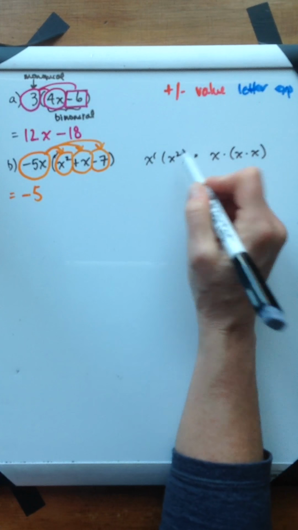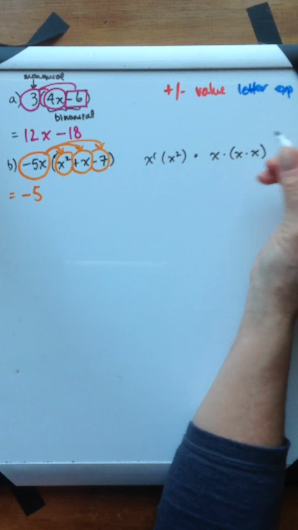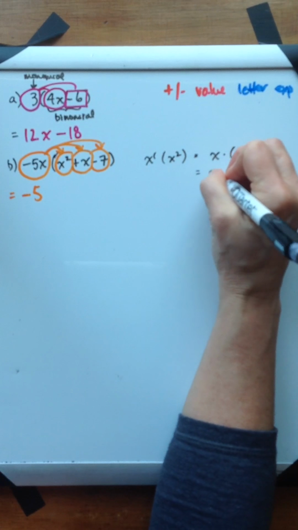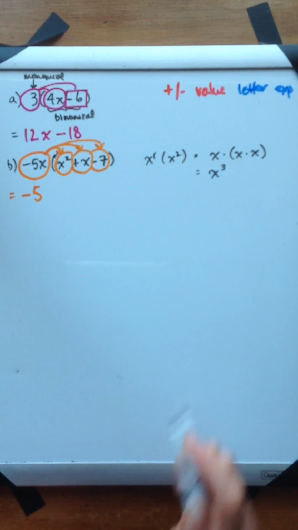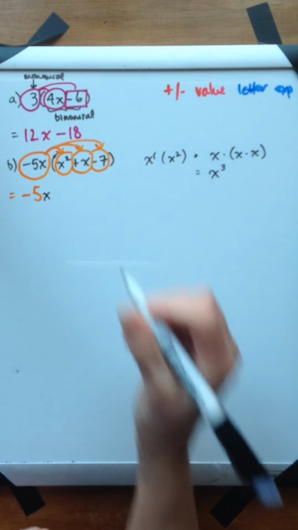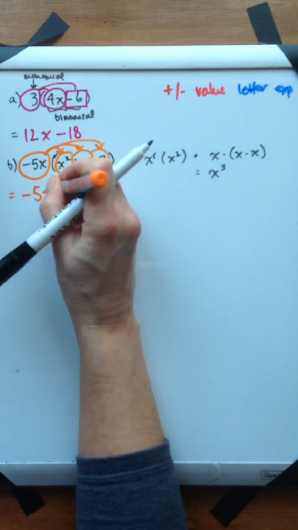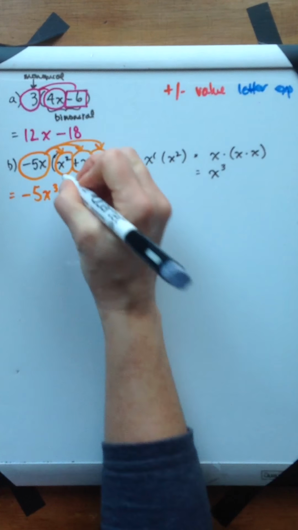Okay, because exponents are just ways of showing repeated multiplication. So how many times does x get multiplied by itself? Well, it gets multiplied by itself 3 times. That's not the same as 3 times x. It just means x times x times x. So I can write this as x cubed. I should do it in orange just to keep consistent with the color pattern here. All right, so that's done.